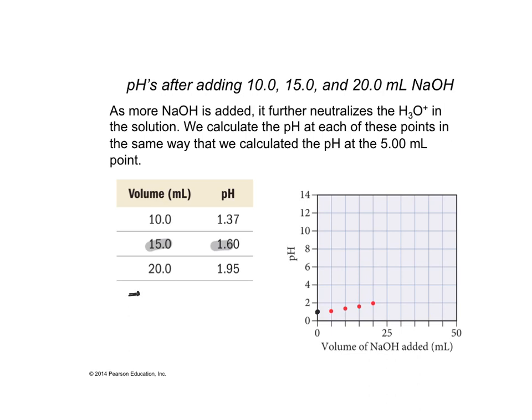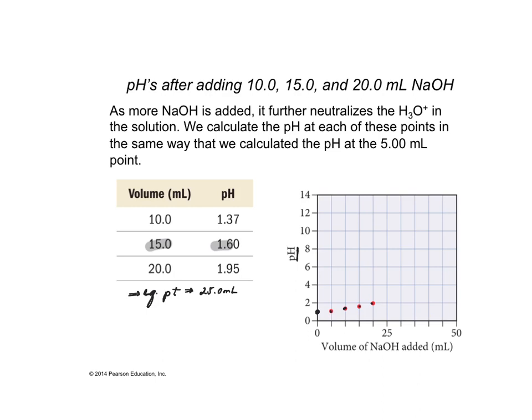Just as a reminder, for this titration the equivalence point was at 25 milliliters. So at any addition between the initial pH and the equivalence point, we calculate the pH in the exact same manner. We figure out how much OH- we have added, how much H3O+ is left over, and then the new concentration of the H3O+, and then the pH from that.